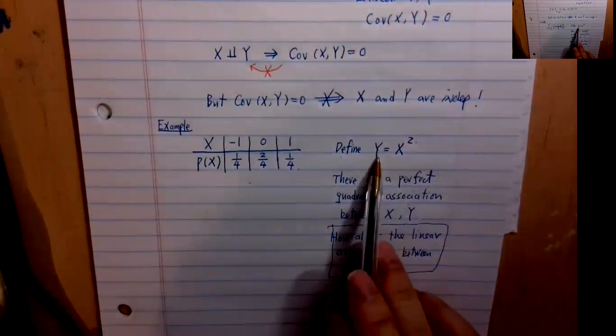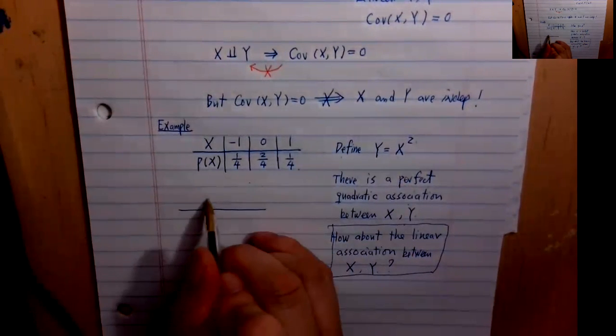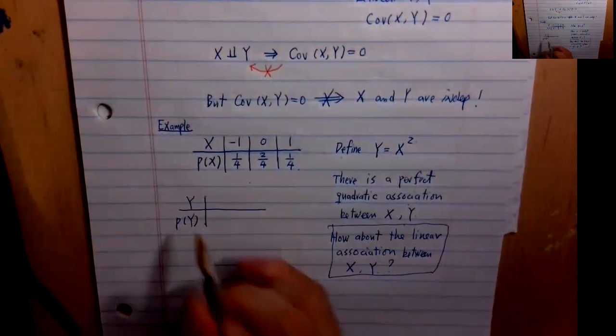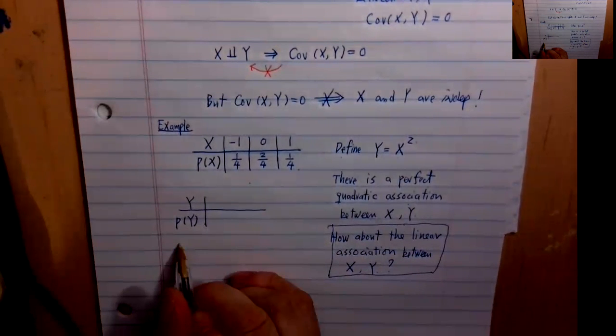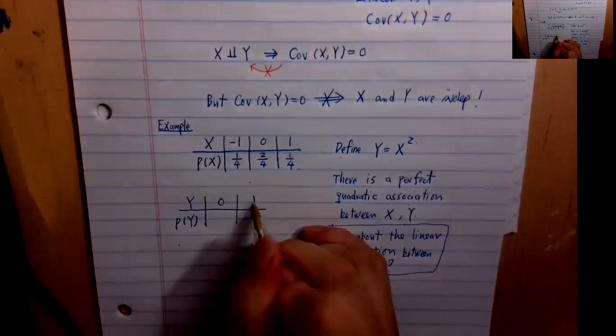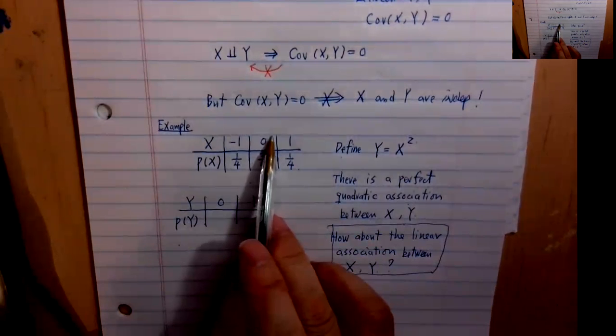Now, given Y is equal to X squared, so the PMF of Y. Only 2 possible values. Y can only be 0 or 1. When X is 0, X squared is still 0.